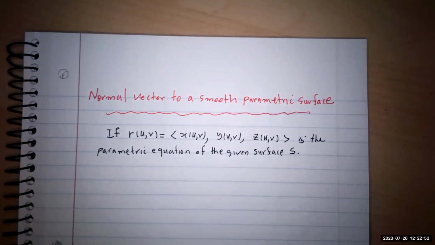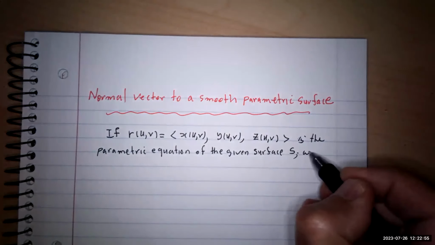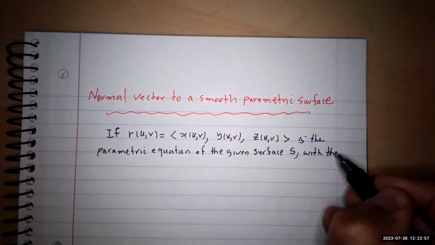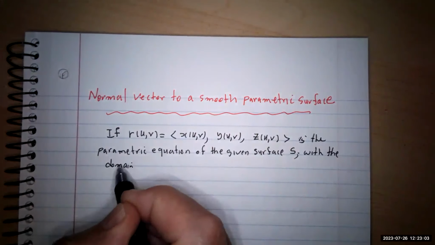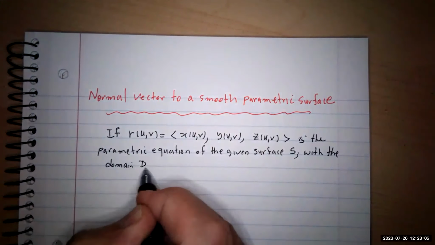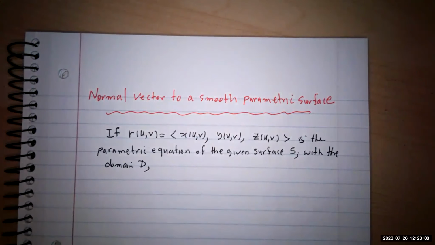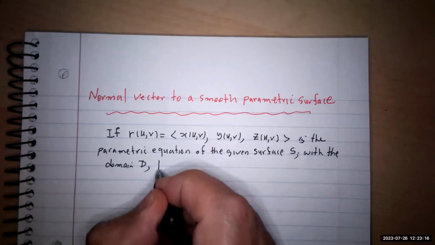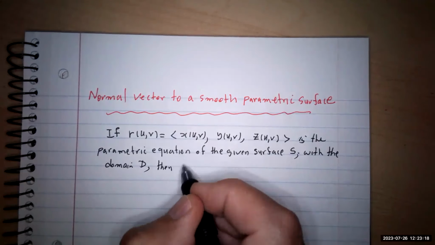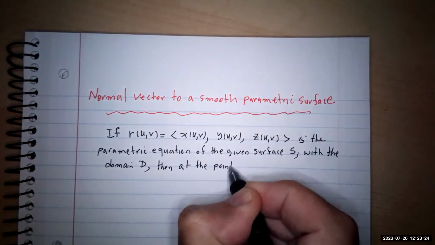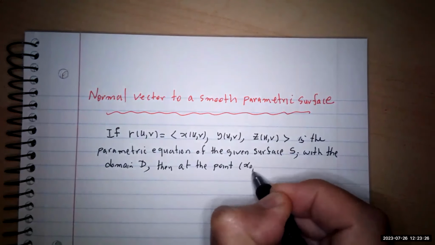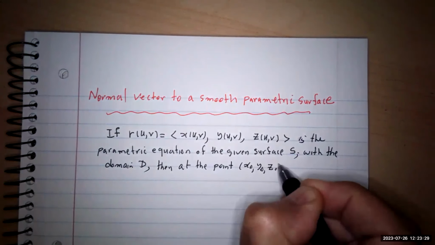So this is given to you. Of course, there's going to be a domain, it's a function, so it's a great domain, with the domain D. Then a point would be given, then you want to find that normal vector at the given point, with the coordinates x0, y0, z0.